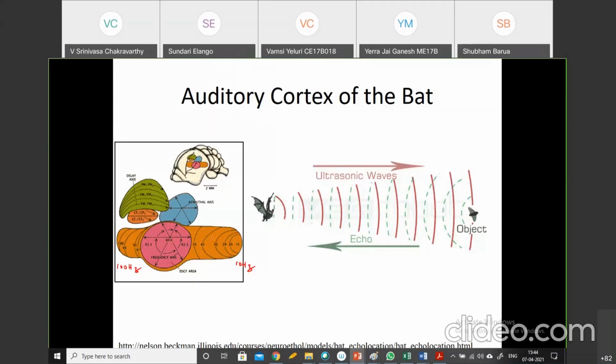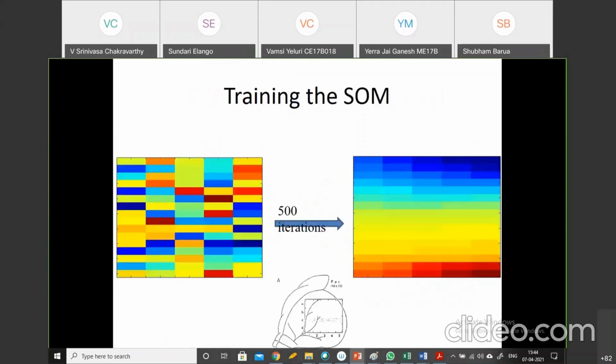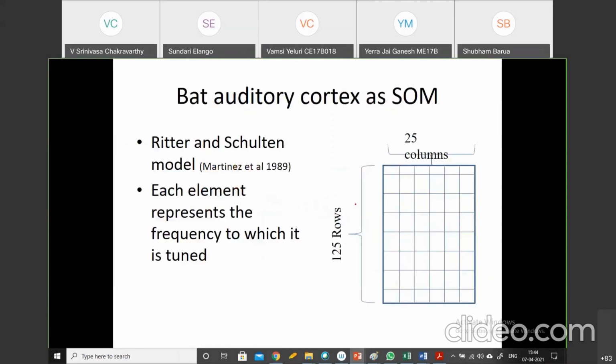Now people have tried to model just this simple property of the primary auditory cortex of bats. That is, how can you map frequencies almost in a linear fashion on a rectangular strip of neurons. For that, in this study by Martinez et al. in 1989, they took a rectangular SOM model, where there are 125 rows and 25 columns.